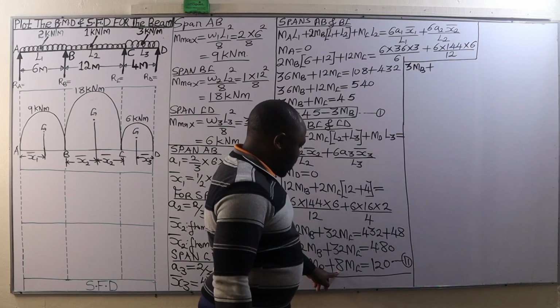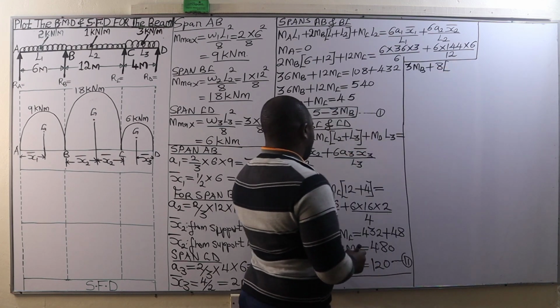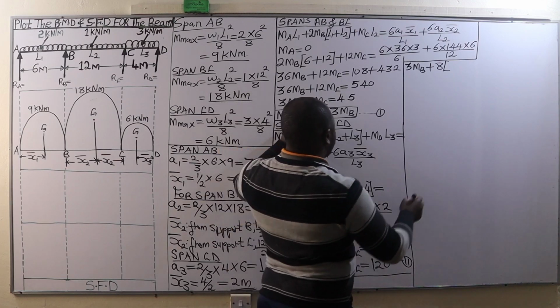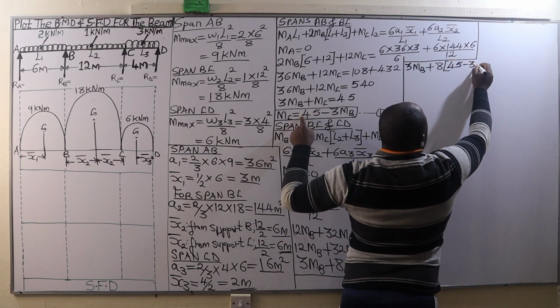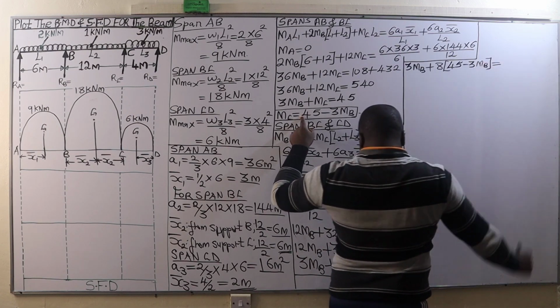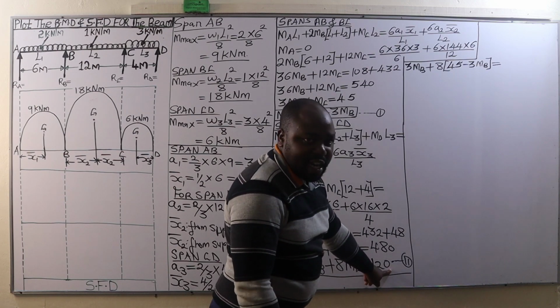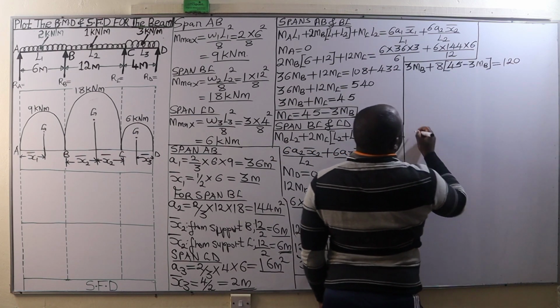plus 8 MC. And MC is 45 minus 3 MB. 45 minus 3 MB being equal to 120. So that is equals to 120.